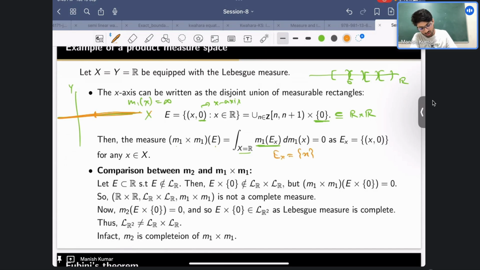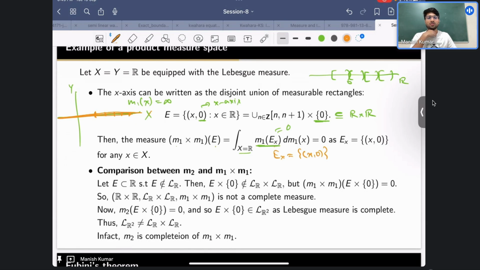So m1 of Ex will be what? It will be 0, right? Lebesgue measure of a singleton is 0, so this will be 0, and so the integration will also be 0, right? I should have written not just singleton x but as an ordered pair, so (x, 0).